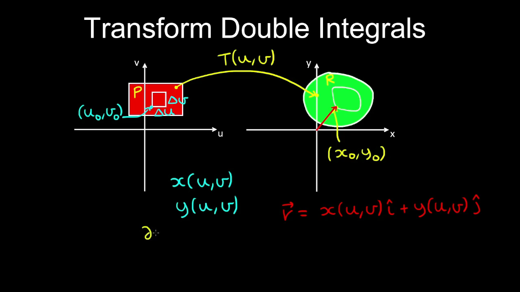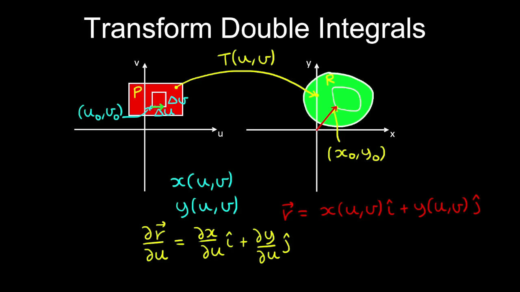And if we take the partial derivative of the position vector with respect to u, we get the partial of x with respect to u in the i direction, plus the partial of y with respect to u in the j direction. So we're looking at the change in r as we walk along the u direction.